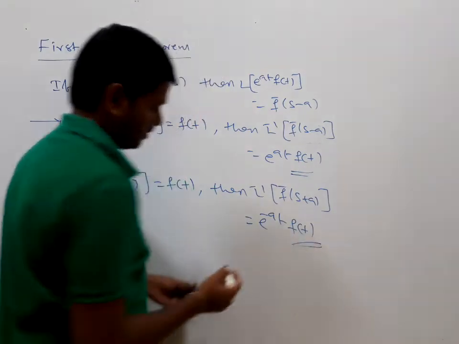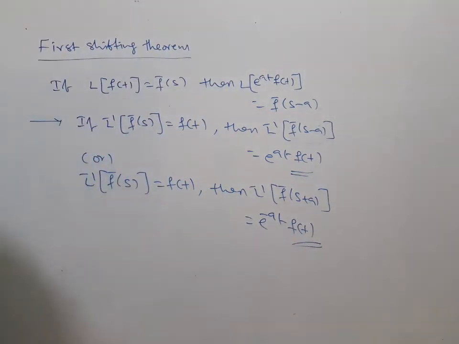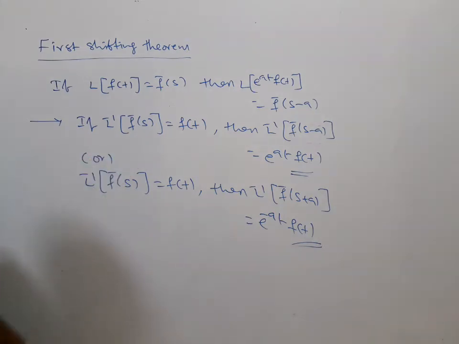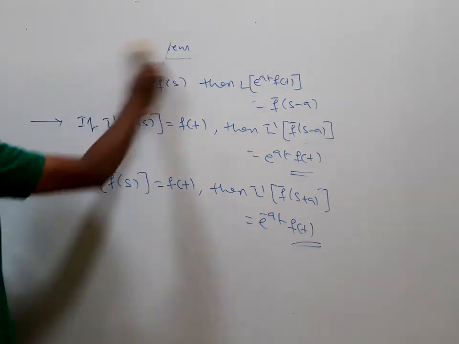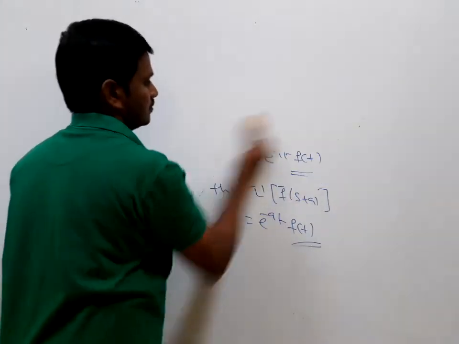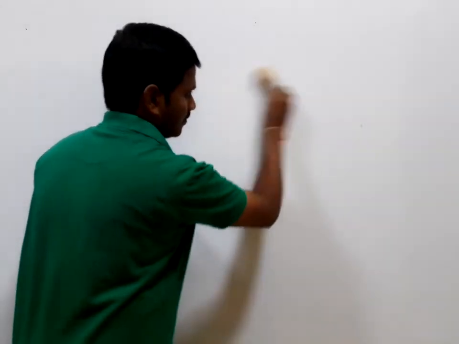This is the first shifting theorem. That means it is combined with the exponential. Now coming to some problems on this, some examples we are taking here.